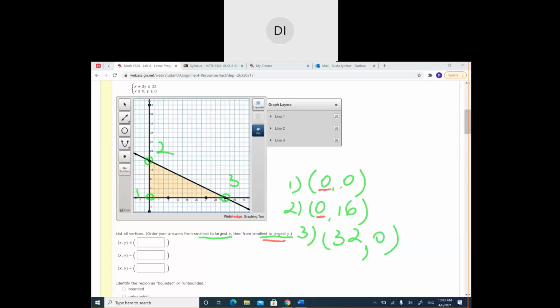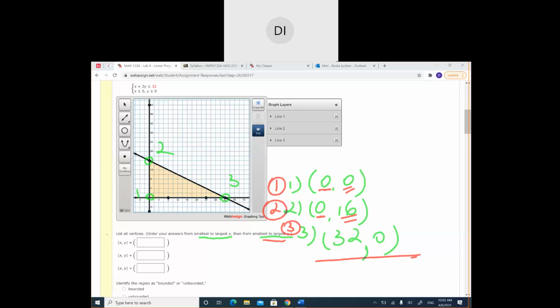Looking at the y, we have y 0 and y 16. Which one is smaller? 0 is smaller. So that's why this is my first point, first answer. This is going to be my second. It's kind of alphabetical order, but looking at the x and y coordinates. And then obviously this is going to be the third one, the last one, because the x, 32, is bigger than 0. So that's how you're going to put your answers.